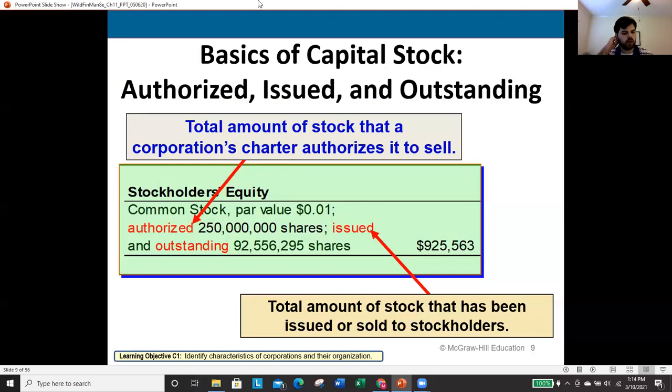So imagine if Sam Walton, when he first started Walmart way back, had decided that this was just going to be a little county store that was never really going to grow up big. It was just going to operate in his small area. And when he initially set up Walmart, he said, I'm going to only allow in this authorized section 100 shares of stock. I don't really plan to issue stock. It'll be fine. The company's going to be small.